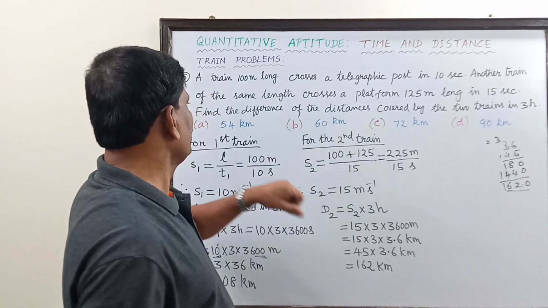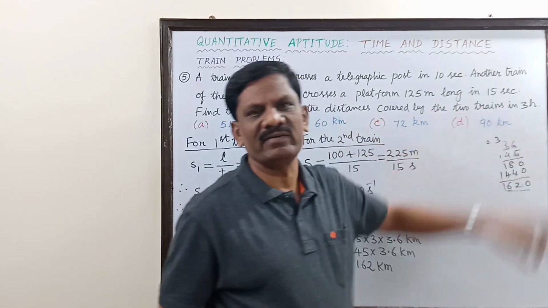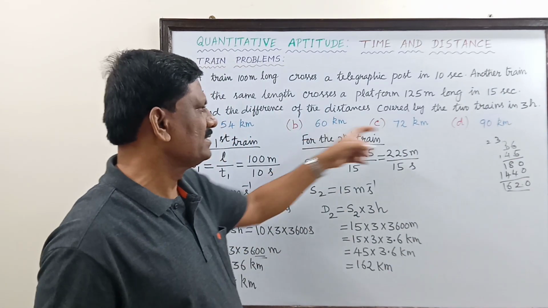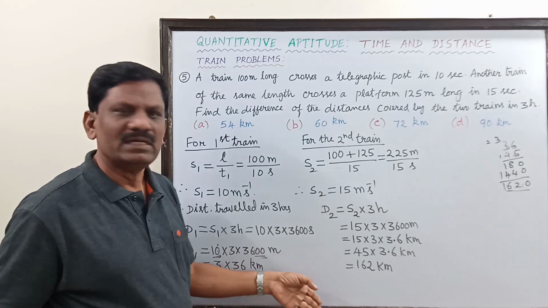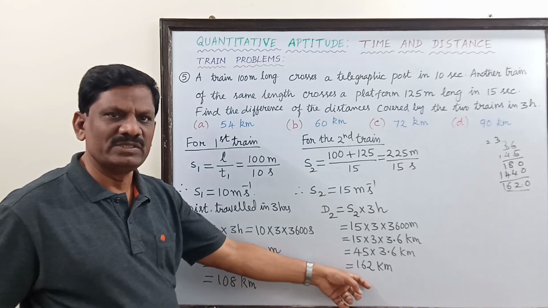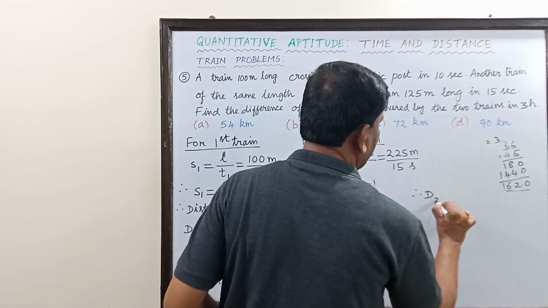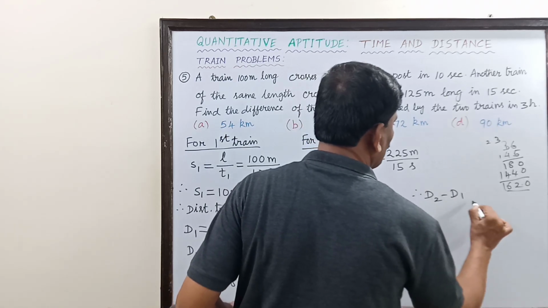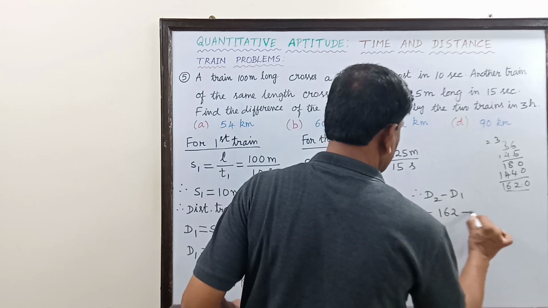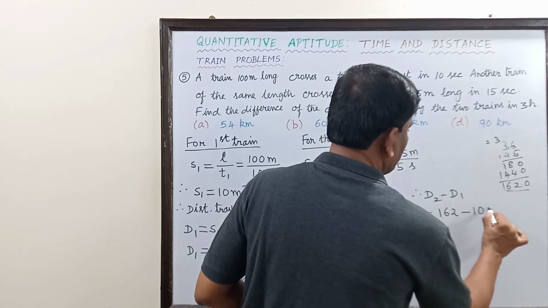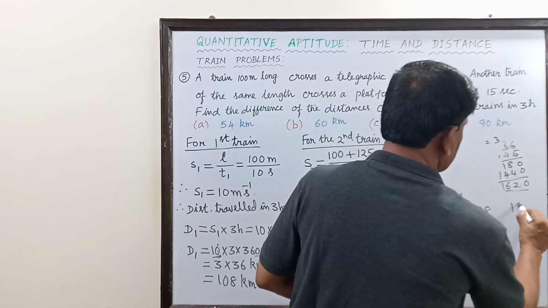Now what is asked here? Find the difference of the distances covered by the two trains in 3 hours. And since the answer is given in kilometer, now we are converting everything in kilometers. So greater distance is 162, is it not? Therefore now what is the answer? D2 minus D1 is equal to 162 minus 108, and you have to find out this difference.